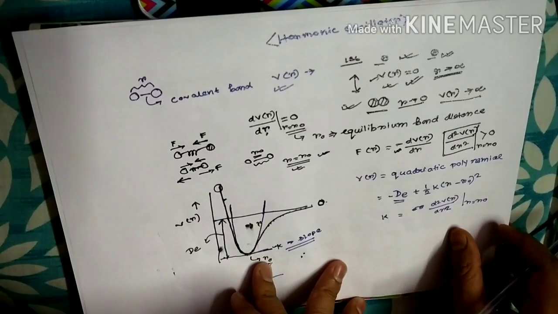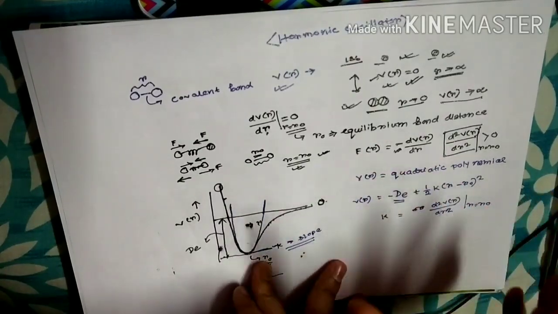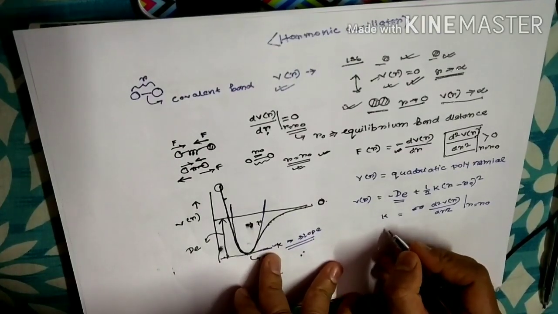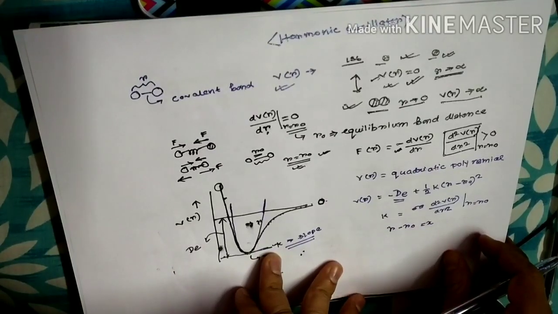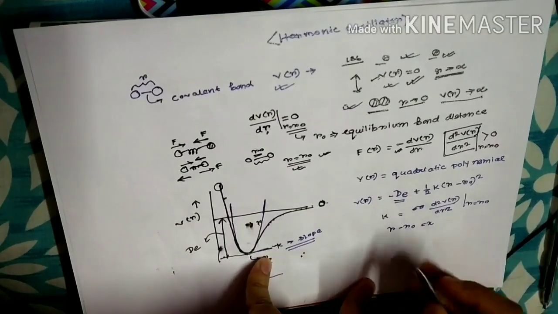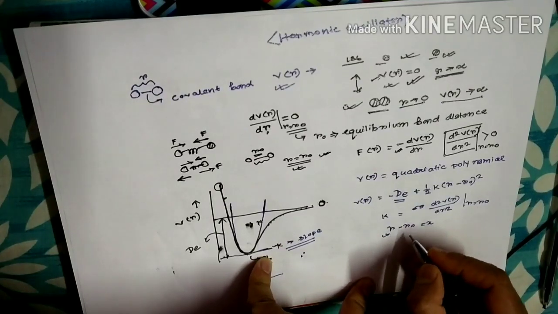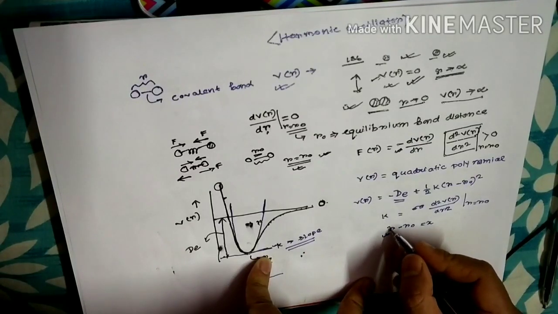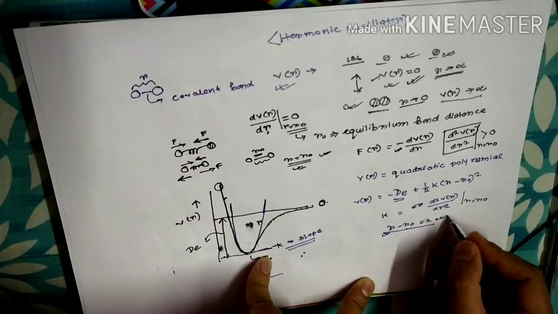Now we will try to make this equation shorter and simpler. To do that, we can replace r minus r0 by x, where x is the displacement from the equilibrium position. r is the actual bond distance between the two atoms, and r0 is the equilibrium bond distance when the potential energy is at its minimum, and the difference between the actual bond distance and the equilibrium bond distance is called the displacement from the equilibrium position.